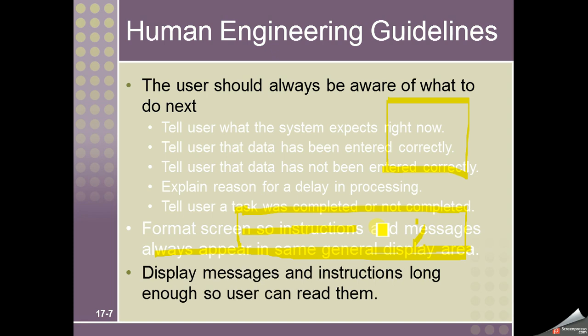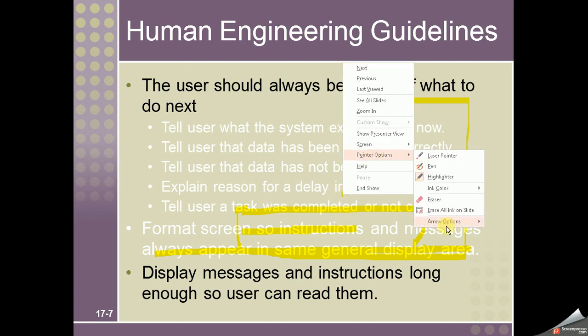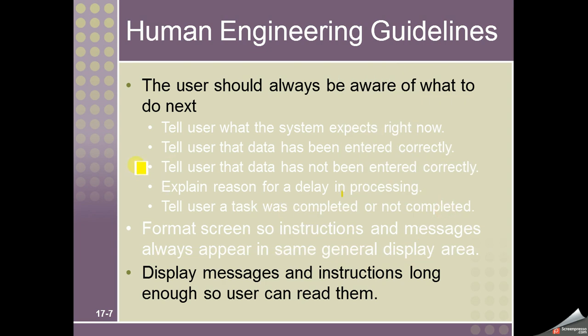Display messages and instructions long enough so that the users can read them. Sometimes it happens that you show some dialogue to the user and it goes away immediately, and the user is not able to read it. So probably you are aware of the two modes of the dialogue. Maybe you have studied in Java or in any other programming language course.